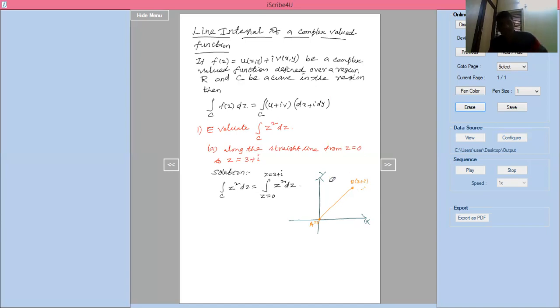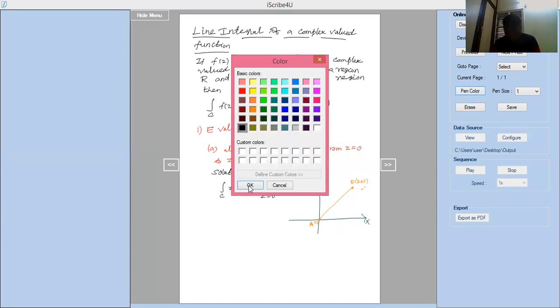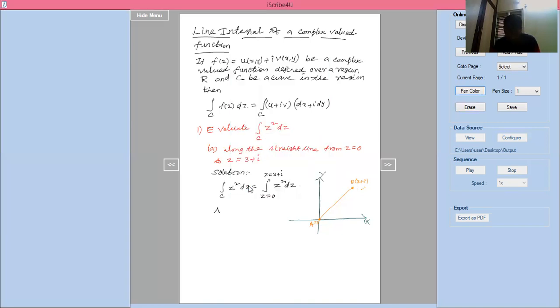So A is nothing but (0, 0), and B is nothing but (3, 1), that is, 3 plus i.